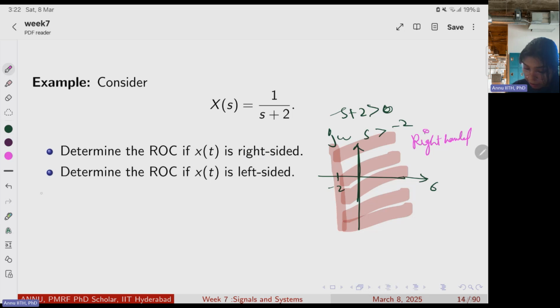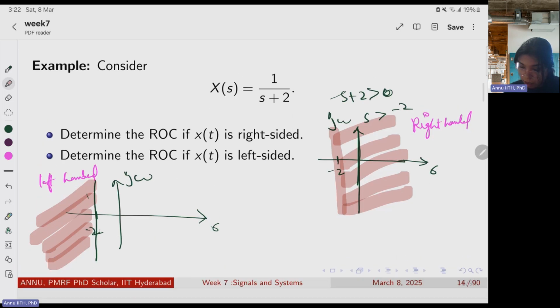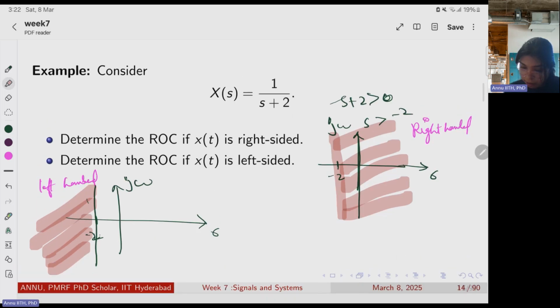Now for the left-handed, we have the sigma and j omega axes and minus 2 here. This is a vertical strip, and yes, this is left-handed. So s plus 2 less than 0, so s less than minus 2.